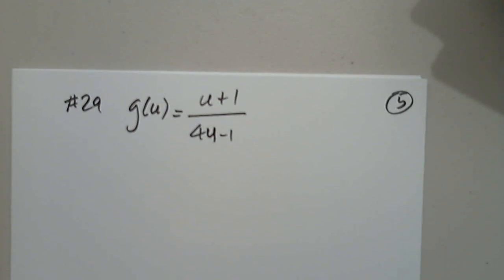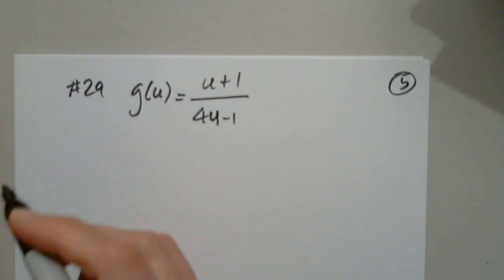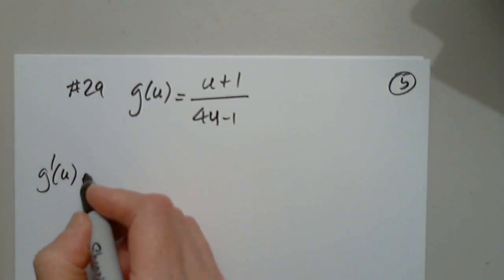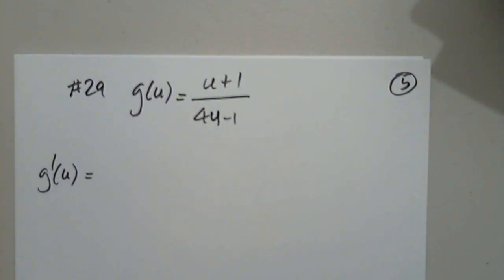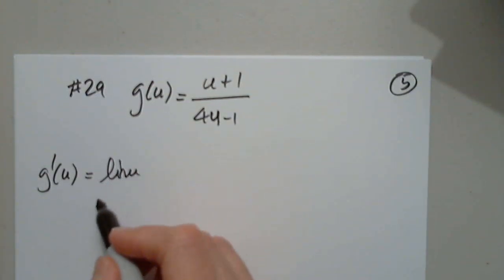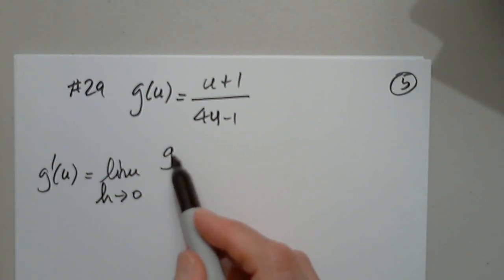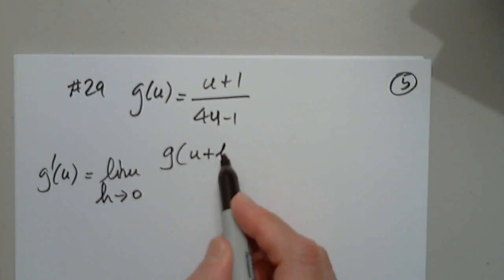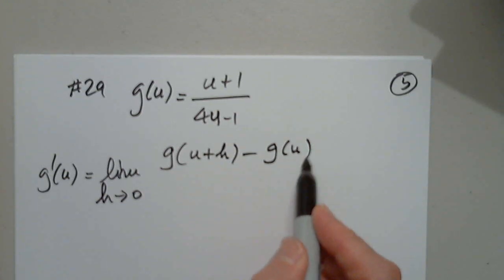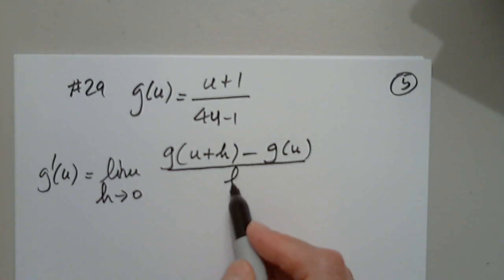Okay, so we want to find the g prime of u. Again, can anyone else give us the definition of g prime of u? It's the limit of g of u plus h minus g of u, divided by h.